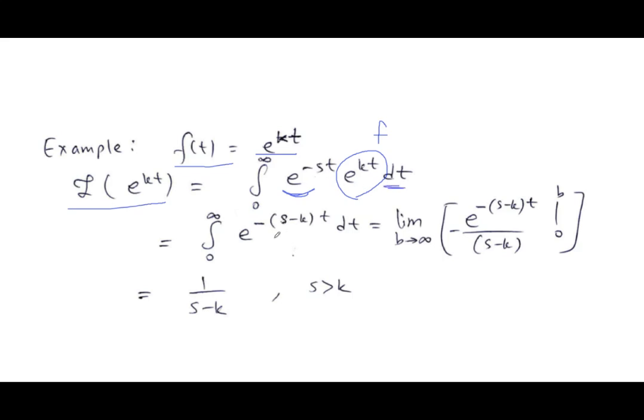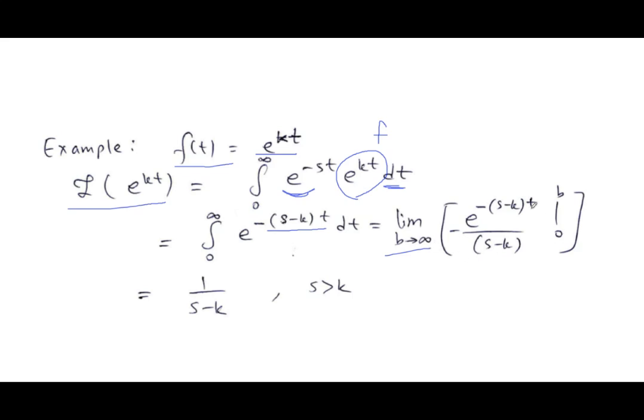So you can rearrange this coefficient as s minus k times t, integrate this, and then evaluate at 0 and b. If t equals b, this is going to be s minus k times b. As b goes to infinity, that will decay to 0.